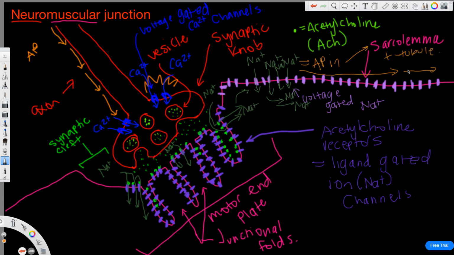And the goal here is to get the action potential to go to the T-tubule, because that is how calcium ends up being released from the sarcoplasmic reticulum. So in another video, not this one, I will show you what happens once the action potential gets to the T-tubule, how calcium is released and restored in the sarcoplasmic reticulum, and what effect that has on the sarcomere.